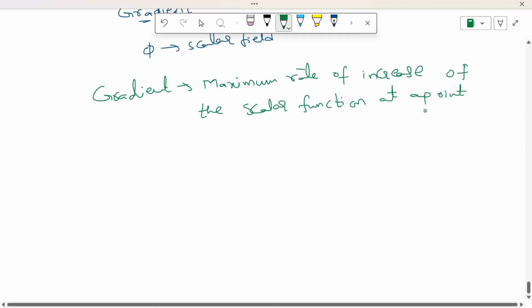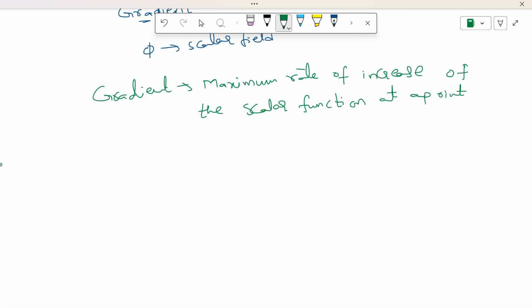Consider a scalar field phi, which is a function of x, y, z. So it is independent of time.